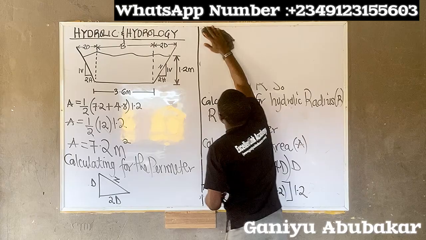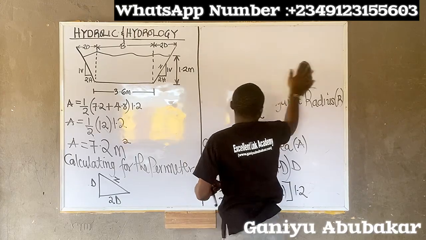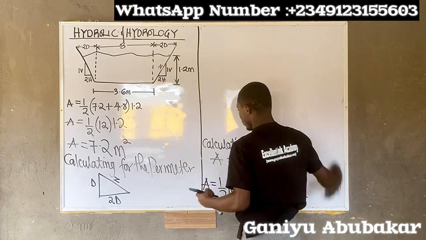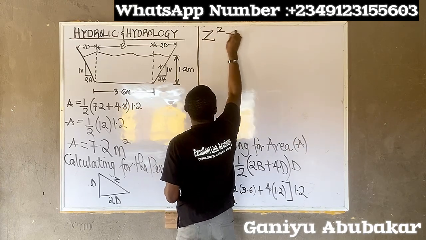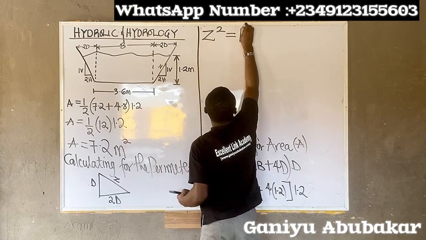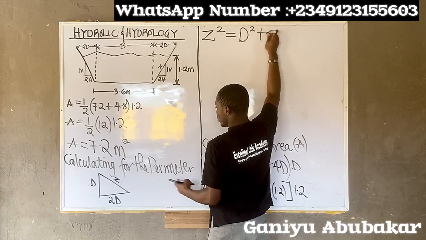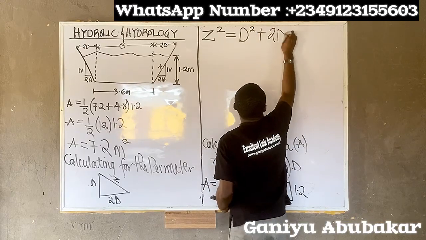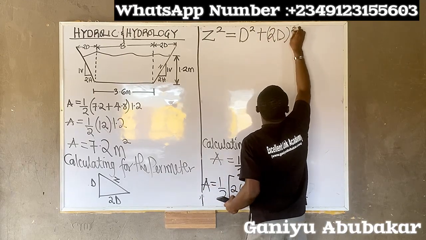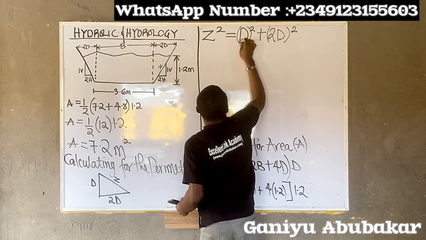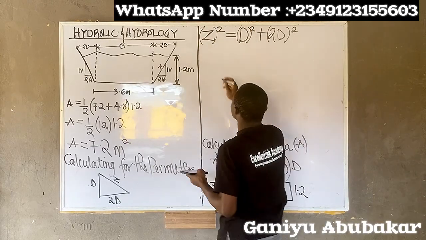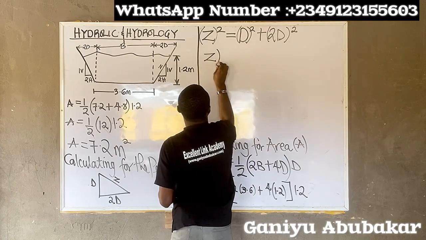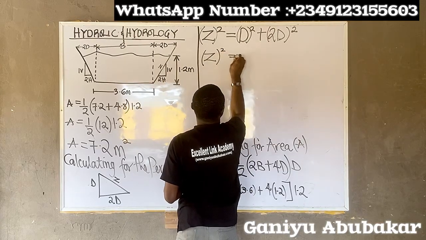So from here, this gives you Z square is equal to D square plus (2D) all square. Work on this. This gives you Z square is equal to, what's D?